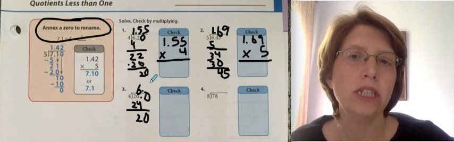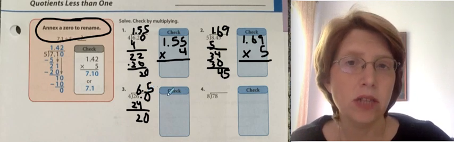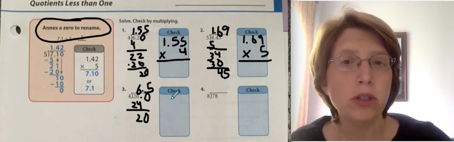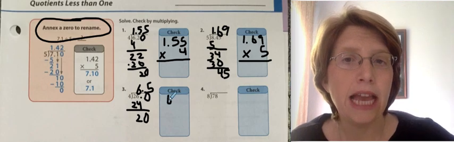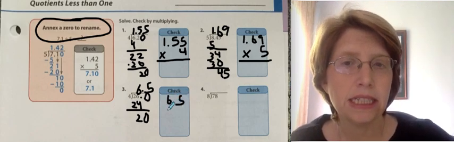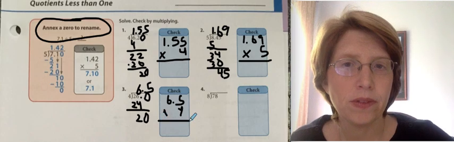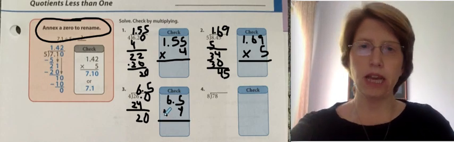and then add a 0 that we can bring down. Now 4 goes into 20 5 times. And then you would check by multiplying 6 and 5 tenths times 4. Okay, that's a times.